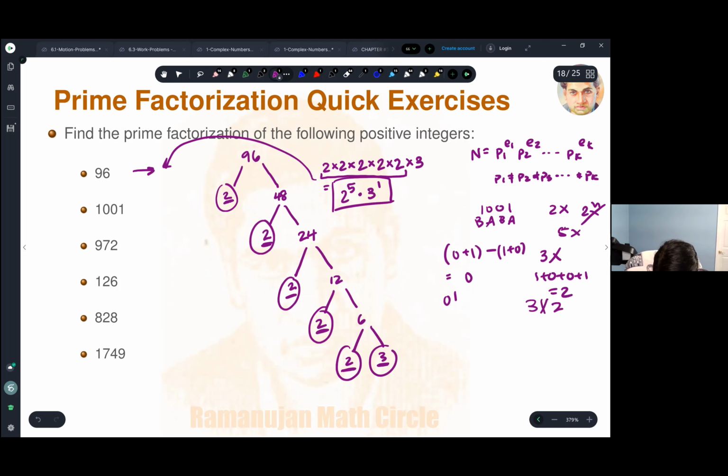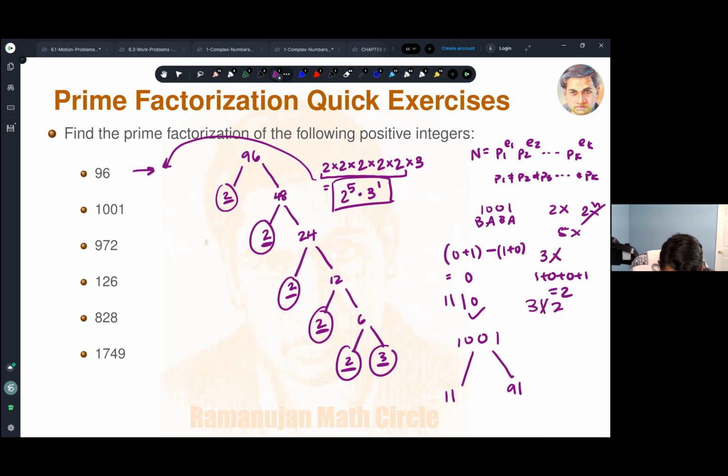And 11 divides 0. Check mark. So 1001 is divisible by 11. If you divide by 11, you get a certain number on the other side. In fact, when you divide, you get 91 on this side.